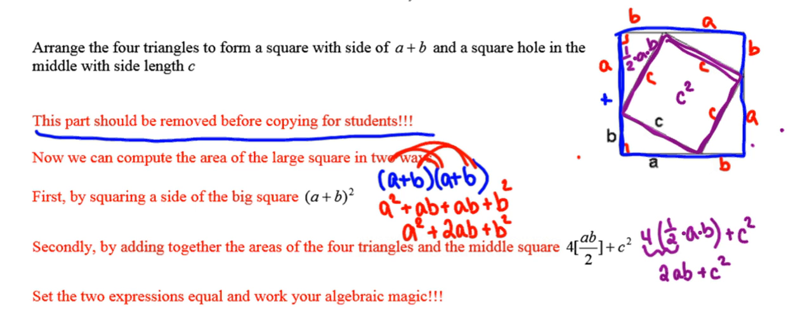Now I've calculated the area of this large blue square in 2 different ways. So those 2, by substitution, have to be equal to each other. I'm going to set those expressions equal to each other and work my little algebraic magic.